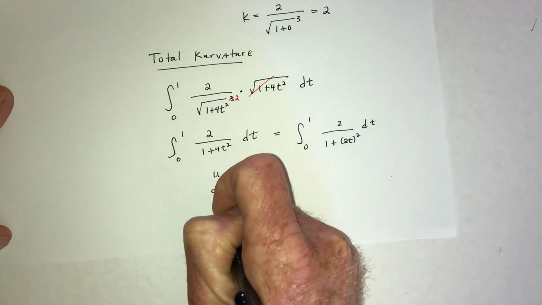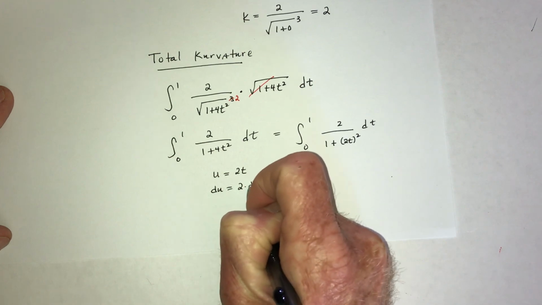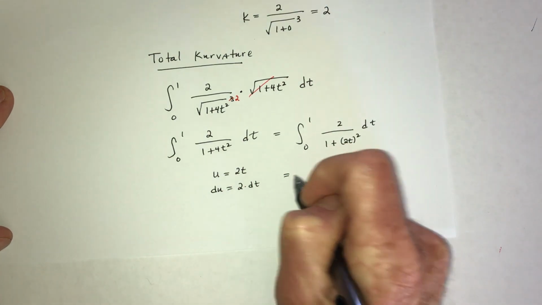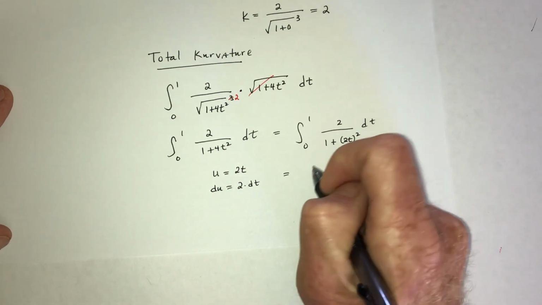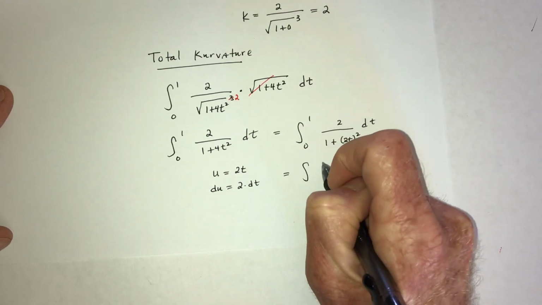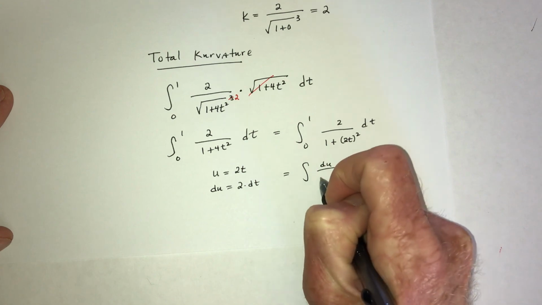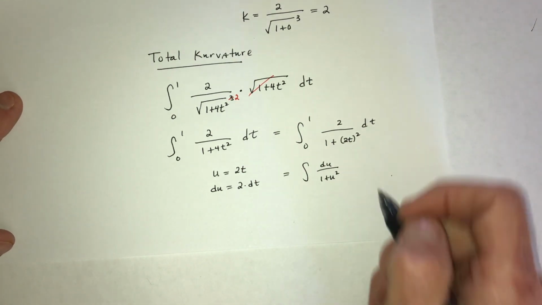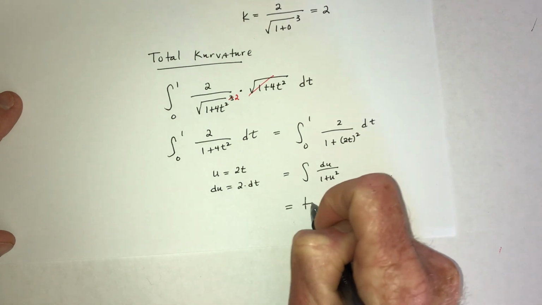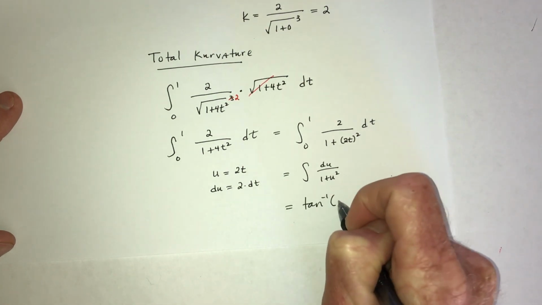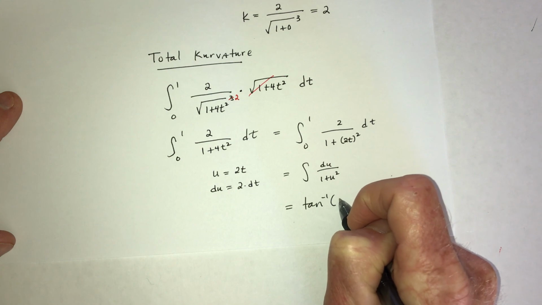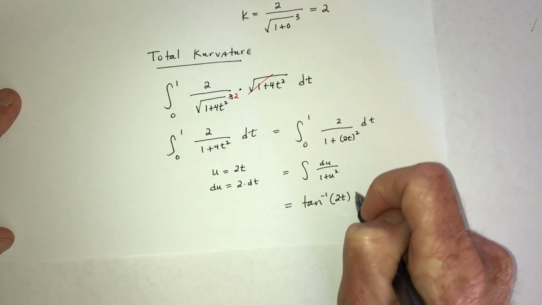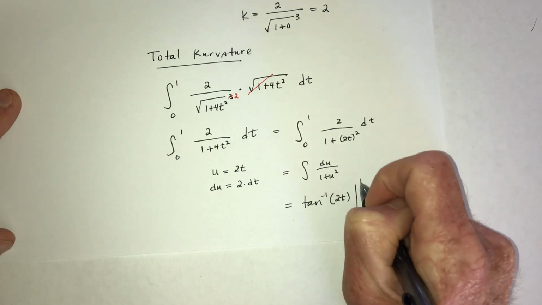So then the derivative of that would be 2 dt, and there's 2 dt sitting right there, so you can make the u substitution. So it's going to be, the top just becomes du, and the bottom becomes 1 plus u squared. So sure enough, that's tangent inverse. And then I'm going to resubstitute in place of u, that would be 2t. And then evaluate from 0 to 1.